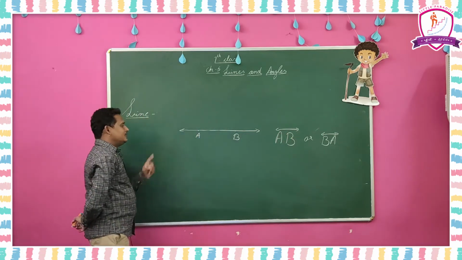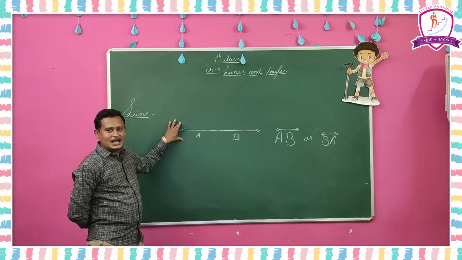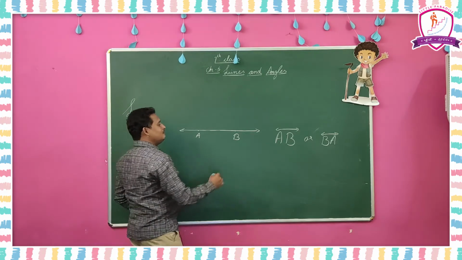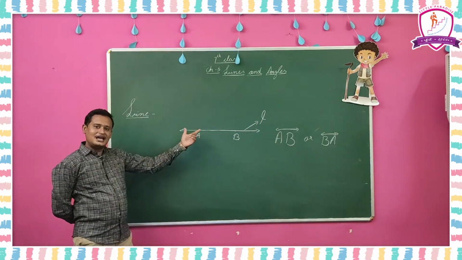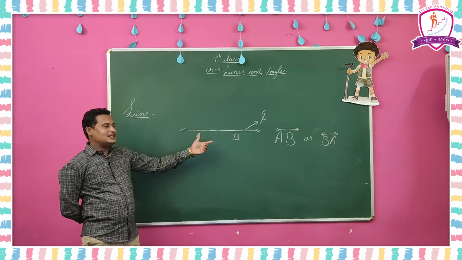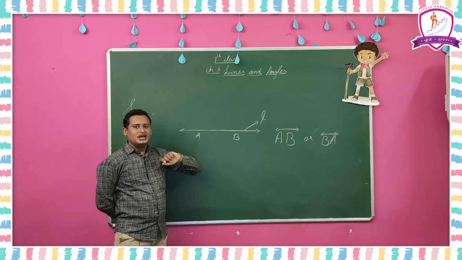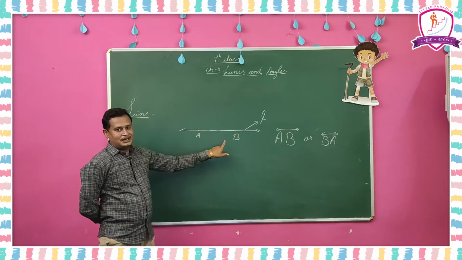Understood? Next, if you want to read this line with a single letter, you indicate it with a small letter like line l, line m, line p. If you want to indicate a point, use a capital letter.